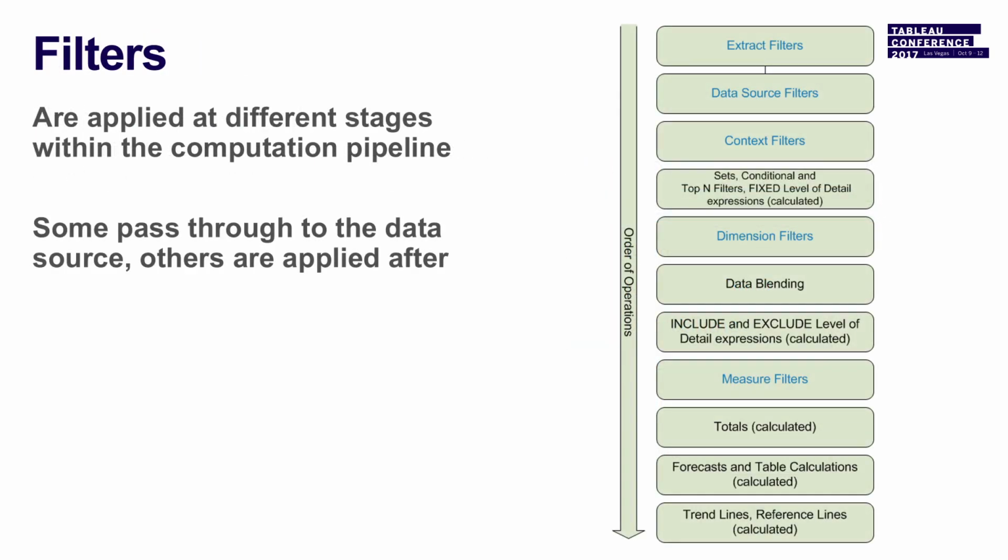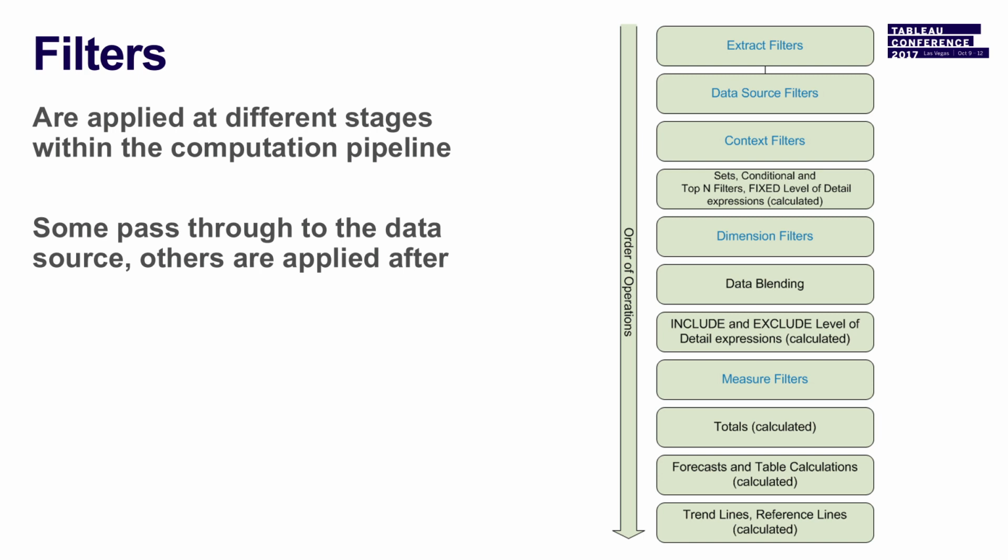The other thing to really understand here is filters. Hopefully you're all somewhat familiar with the idea that Tableau has effectively an order of operations. It has a calculation pipeline. That's what this diagram is showing us here. At different stages of this pipeline, different things happen, and some of those things are passed through to the database, and some of those things happen inside Tableau.